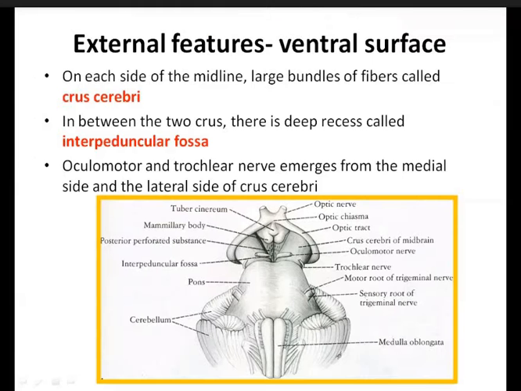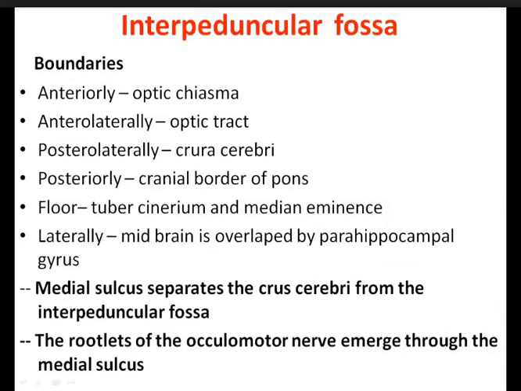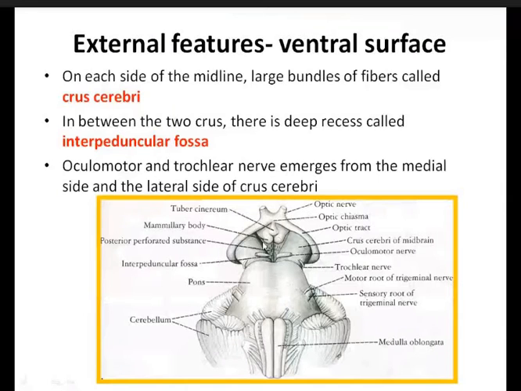Posterolaterally are the crura cerebri, and posteriorly the cranial border of the pons. The floor is the tuber cinereum and the median eminence.